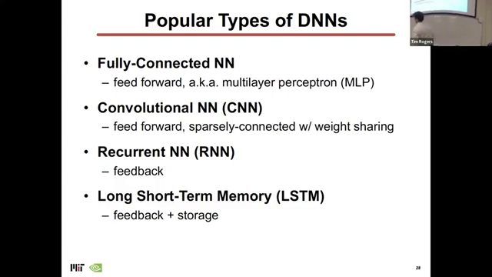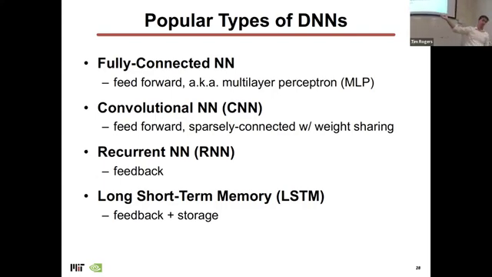Long short-term memory, LSTM, includes feedback and some storage, meaning that each individual neuron actually has some memory of what it's seen before. Okay, which is not true in a feed-forward network. There's no memory, right? In a feed-forward network, once you train the weights, every time I send new data through, it doesn't matter what the last piece of data I sent through was, it's always going to output the same result.